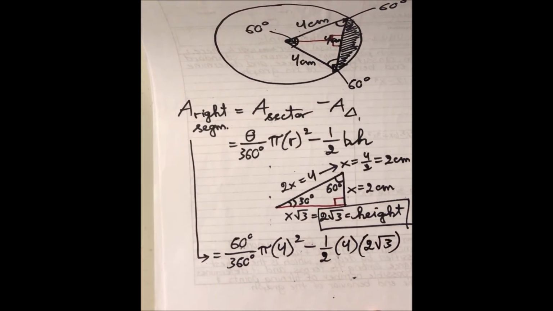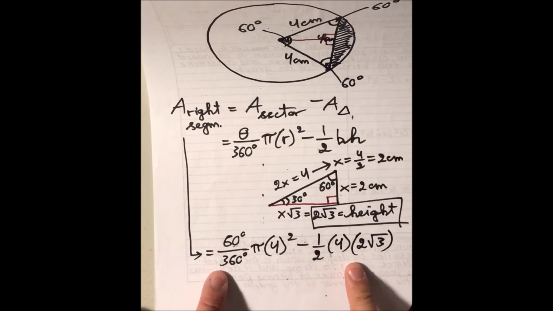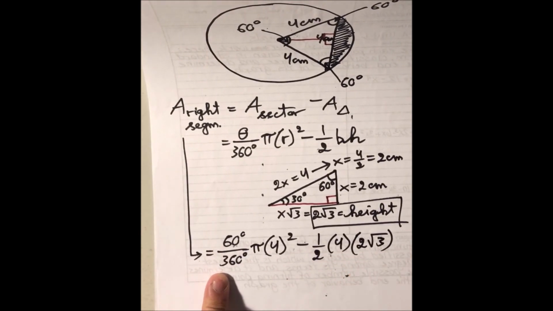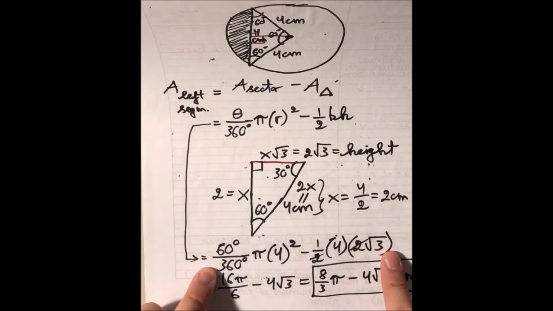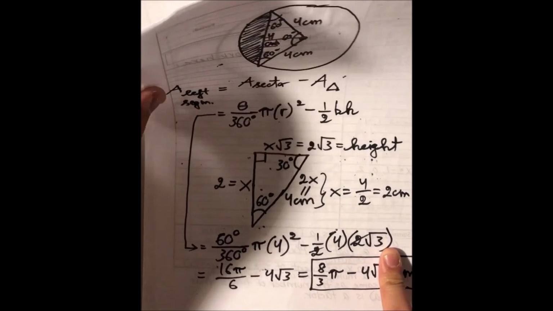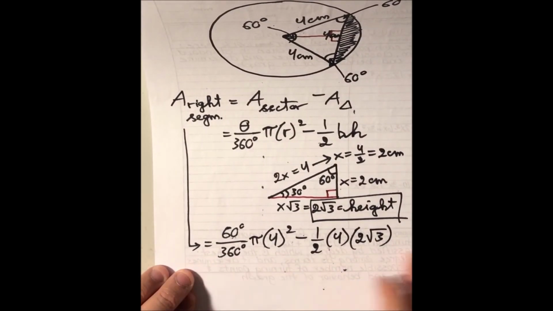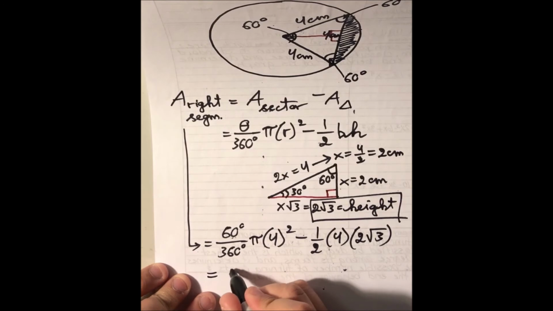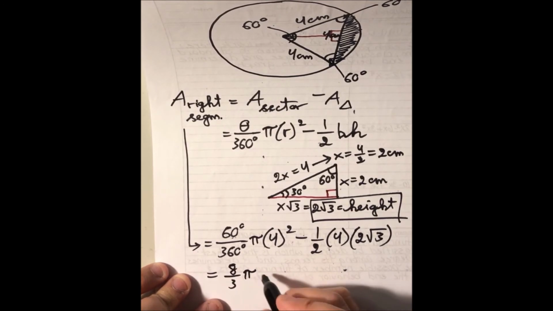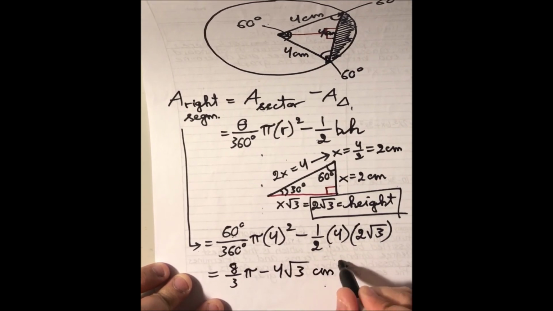But wait a minute, this is exactly the same expression that we did just now. See? They're the same. So I know for sure this is going to be equal to 8 over 3 pi minus 4 times square root of 3 centimeters square.